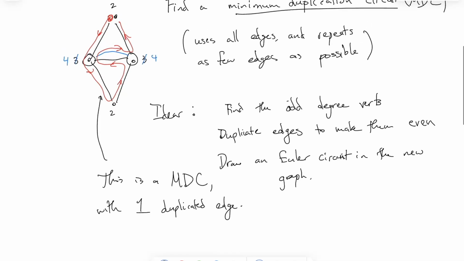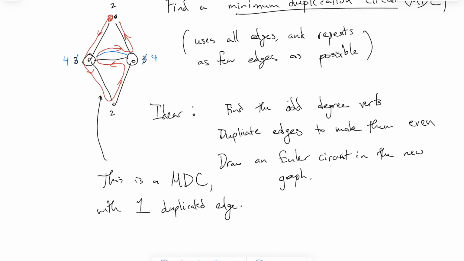We duplicated the one across the middle. Why did I repeat that one across the middle? Because that's the one which was connecting 2 of the odds, and if I duplicated that one, it turns them both even. All right. This is the basic idea. We're going to do some more bigger examples, but that's basically how it goes.